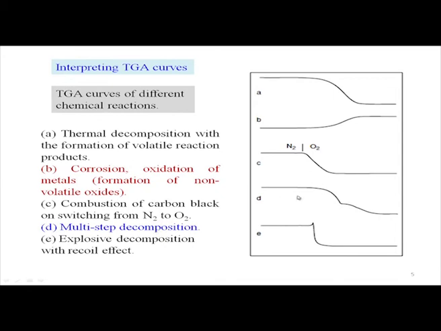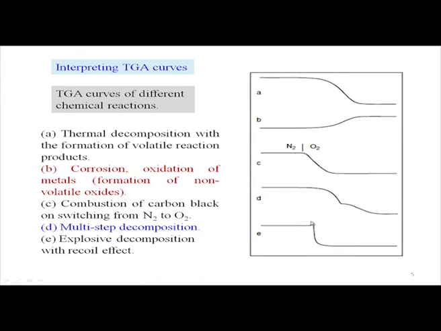Then this one is a very sharp step, and another one is a very slow degradation step for the second one, which is due to a multi-step decomposition reaction. So, this is the first step, and the second step we should also be able to detect in terms of a very small horizontal line, which is the stability within this particular temperature range only, then it again starts degrading.